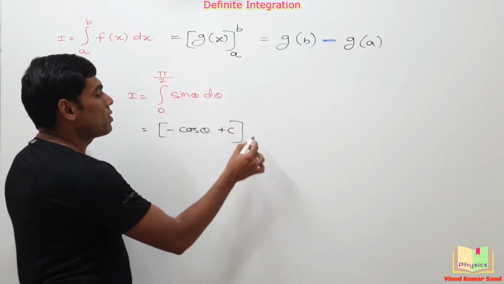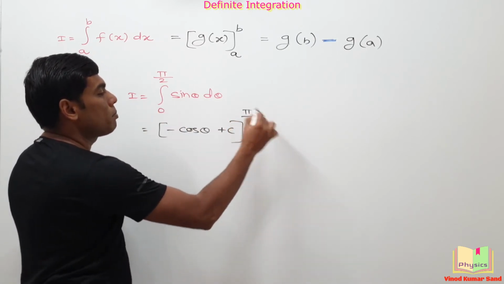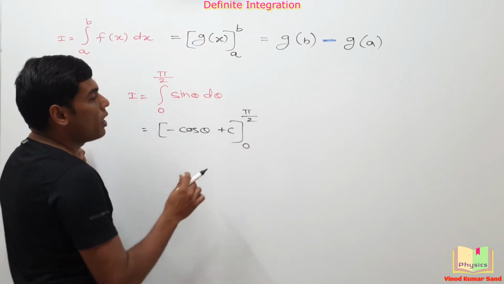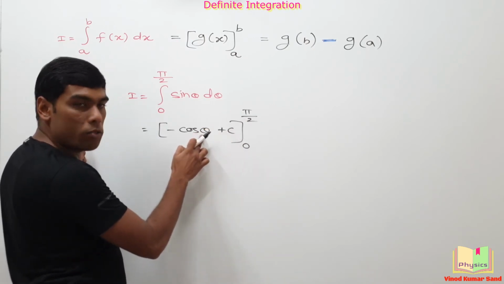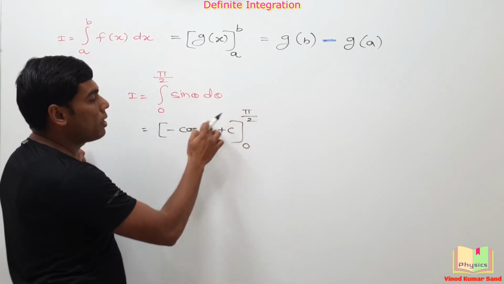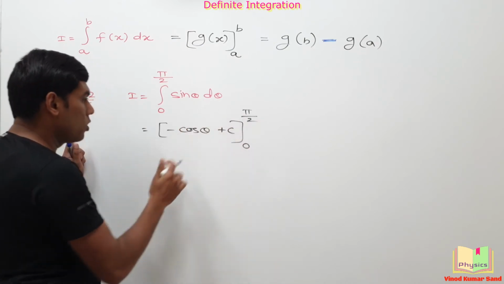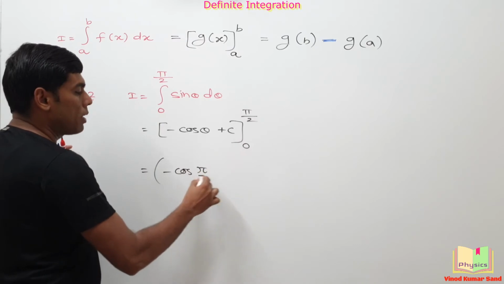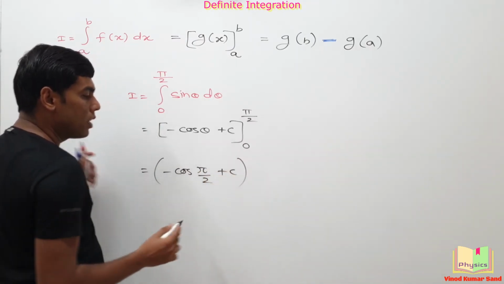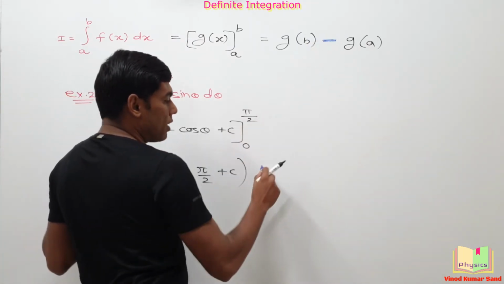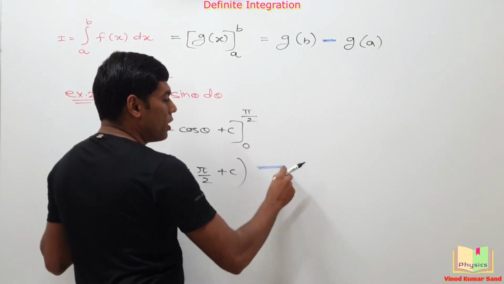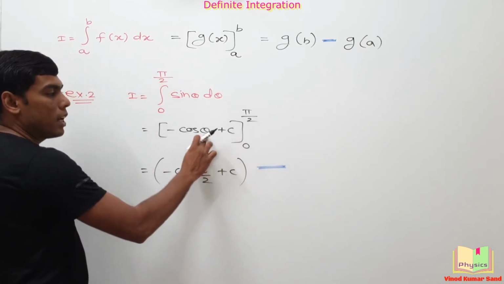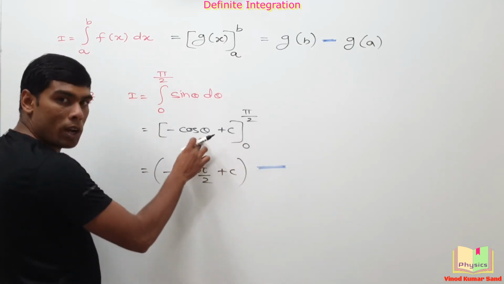The lower limit is 0 and the upper limit is pi by 2 radian. Now at the place of theta, first of all you will be putting up the upper limit. So how it will look like? Minus cos pi by 2 radian plus c. Then there is a negative sign in the formula itself. At the place of theta now you have to put the lower limit.